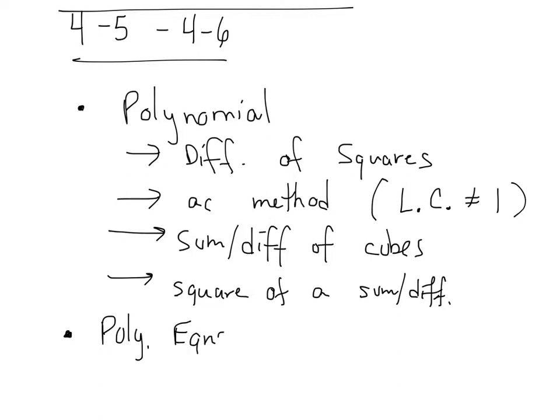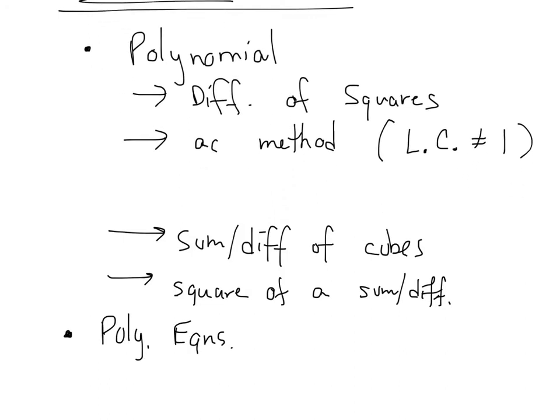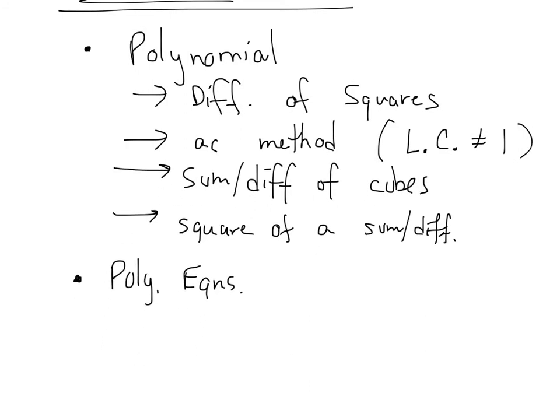So for polynomial equations, if you recall, we had some steps that were simple. The steps were first to factor. Well, actually, the first step was to set equal to 0. So move everything over to one side to set it equal to 0. Then factor it. Then think about the zero product property. If you have like 5 factors multiplying each other and equals 0, well, any of them could be 0.